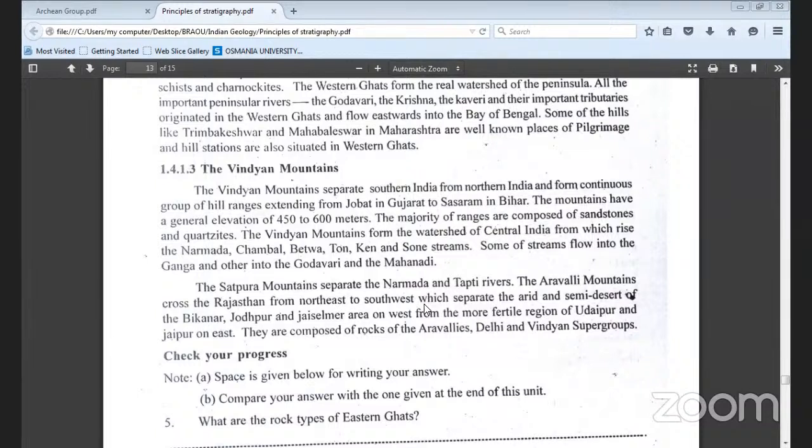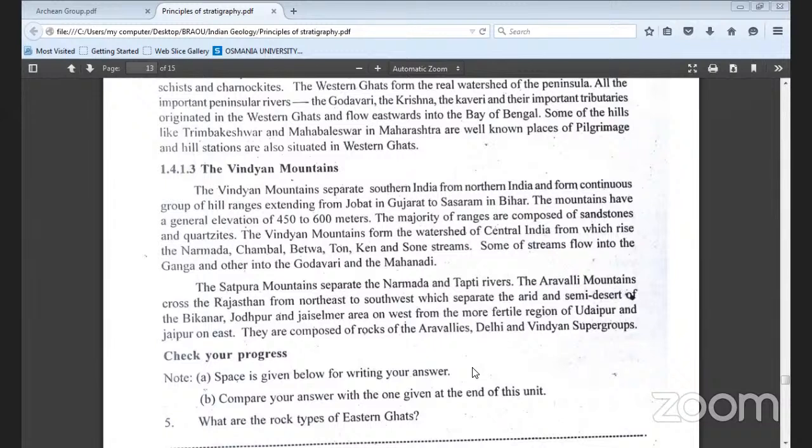The Satpura Mountains separate the Narmada and Tapti rivers. The Aravalli Mountains cross Rajasthan from northeast to southwest. They separate the arid and semi-desert region of Bikaner, Jodhpur, and Jaisalmer in the west from the more fertile region of Udaipur and Jaipur in the east.